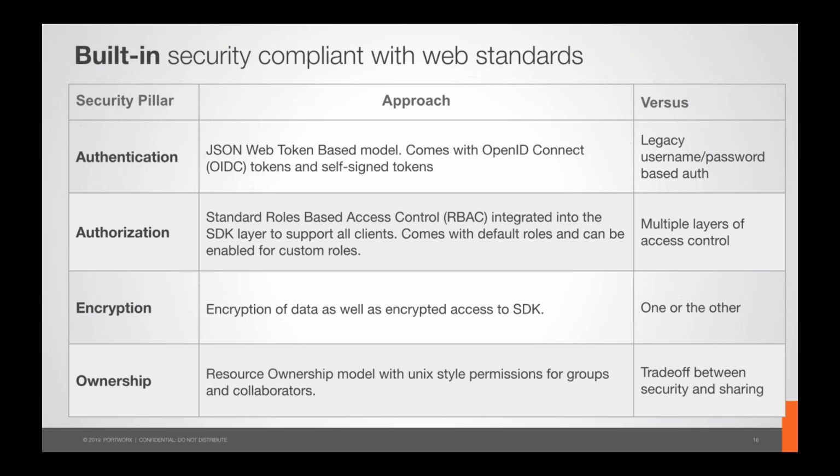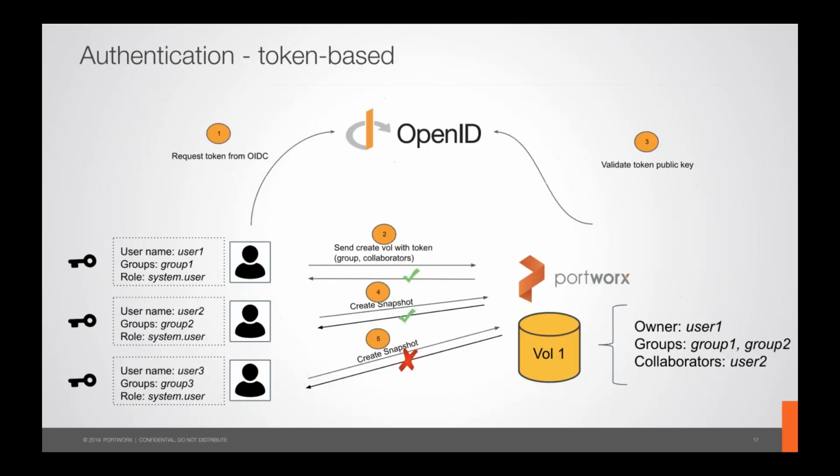Let's look at authentication first, because that's how the users get onboarded to the system. Here's an example of authentication where you have a user who's come in and joined a secure platform, and he wants to create his own volume. So what does the user do? He gets a token from the admin, and that is his token to use the APIs for the platform.